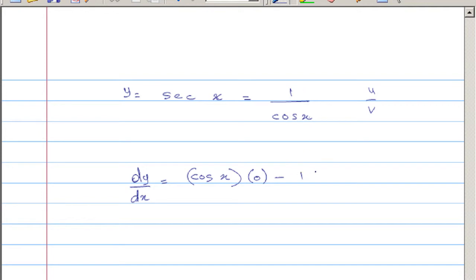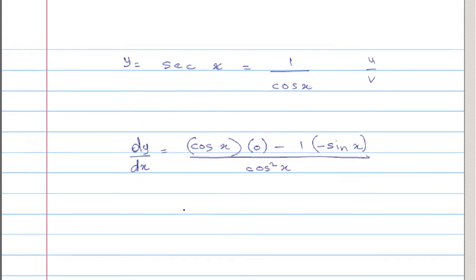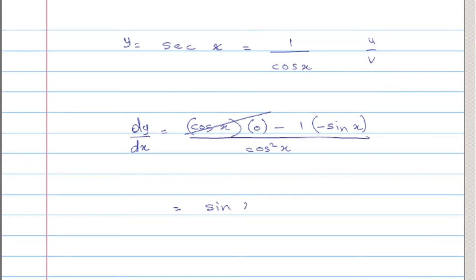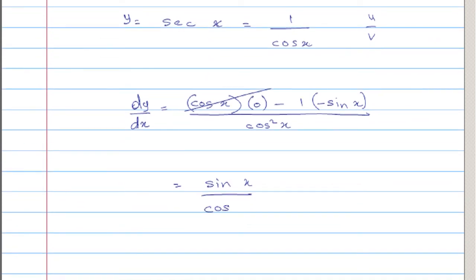u is equal to 1 times the derivative of cos x, which is minus sine x, divided by the denominator squared. So that gives cos squared x. So here I have minus times minus, that becomes plus. This term will be 0, so I get sine x divided by cos squared x.